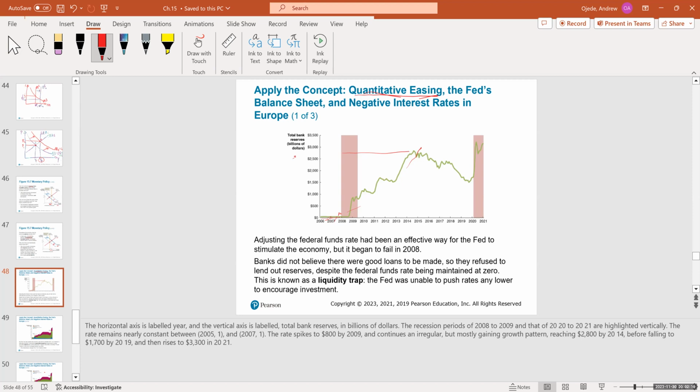So that means the Fed went from almost near zero to buying about 3,000 billion dollars of toxic assets from Wall Street banks. They injected about $3 trillion, because 3,000 billion is equivalent to $3 trillion, into US banks to keep them operational again. So we call that quantitative easing.